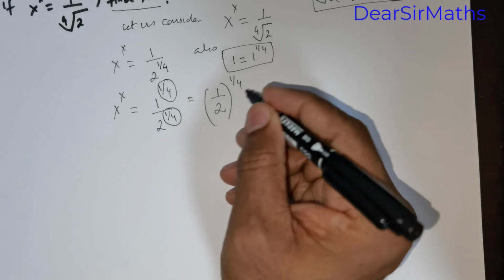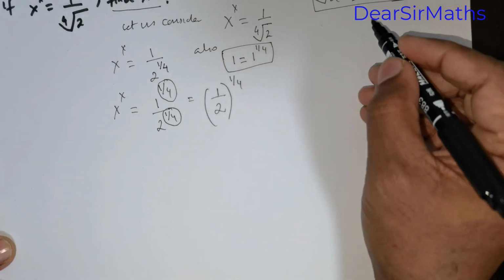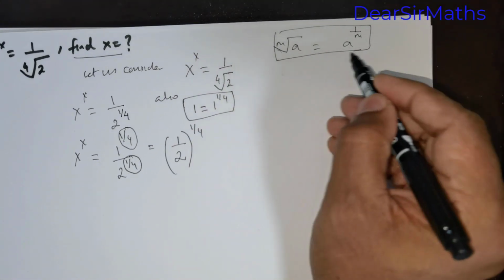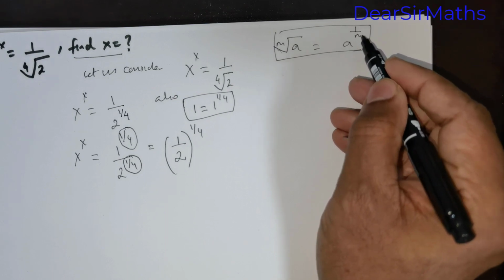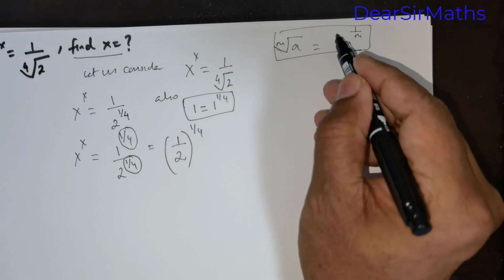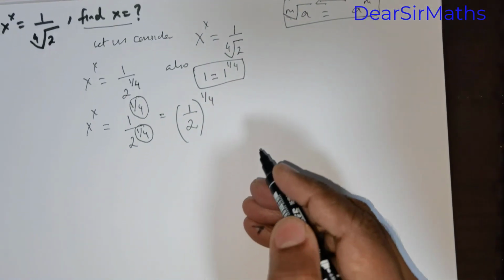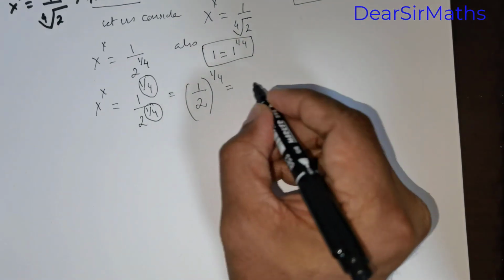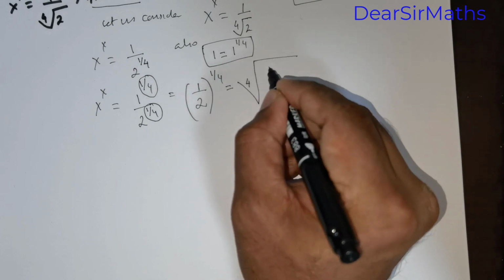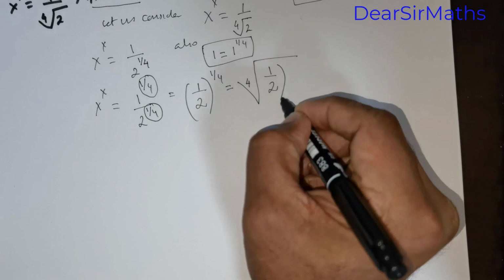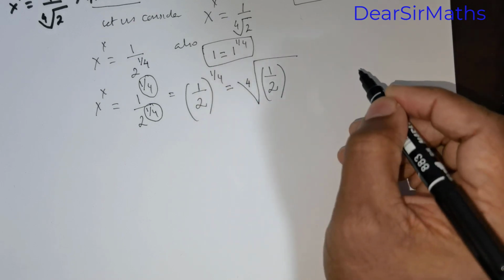As I mentioned to you, if you have mth root of a, you can rewrite it as a raised to the power of 1 over m. Also, vice versa, so I will rewrite this as 4th root of 1 over 2. Fair enough.